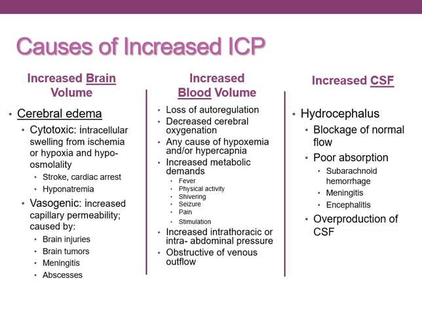And then causes of increased cerebral spinal fluid, which is actually hydrocephalus, and that's blockage of the normal flow. It can be poor absorption from things like subarachnoid hemorrhage, meningitis, encephalitis, so we see those all the time in the units, or overproduction of CSF. That does happen.